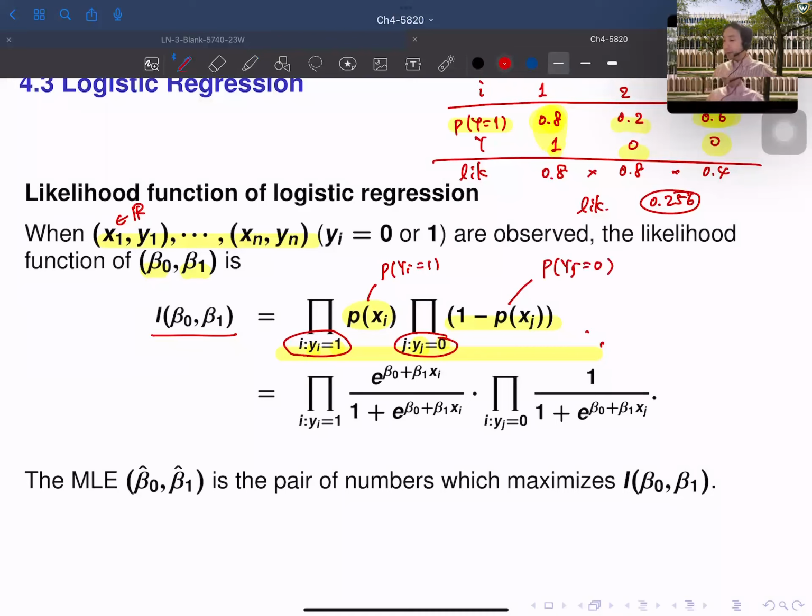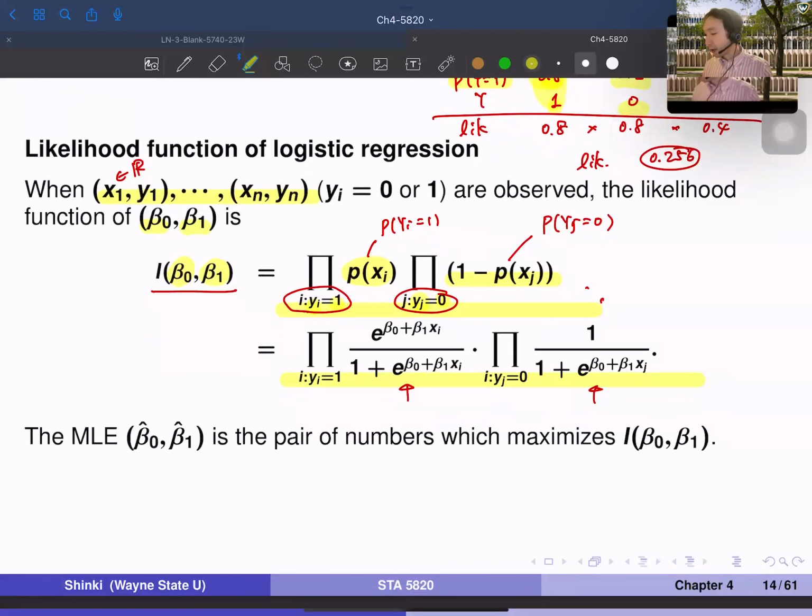And then in logistic regression, the probability of yi equal to 1 is here, and the probability of yj equal to 0 is here. So this is a function of beta naught and beta 1. Given beta naught and beta 1, we can calculate the likelihood. Now it's the same situation as the previous example. We choose beta naught and beta 1 to maximize this quantity. That is our maximum likelihood estimate for beta naught and beta 1.